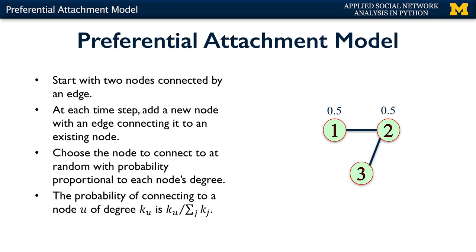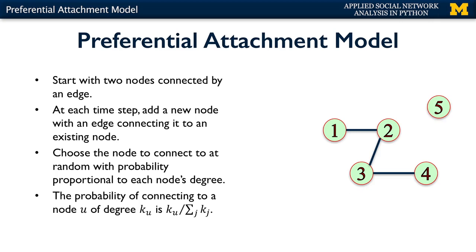Let's say it chooses node 2. Now, node 4 comes in, but now node 2 has degree 2, and nodes 1 and 3 have degree 1. So the probability of attaching to node 2 is 0.5, and the probability of attaching to nodes 1 or 3 is 0.25. And so node 4 attaches to node 3, which, even though it had a lower probability, could happen.